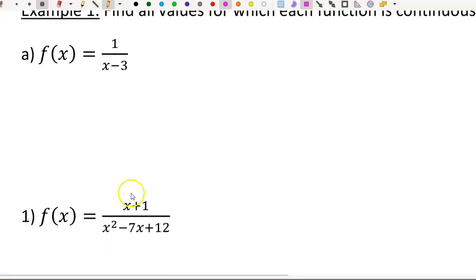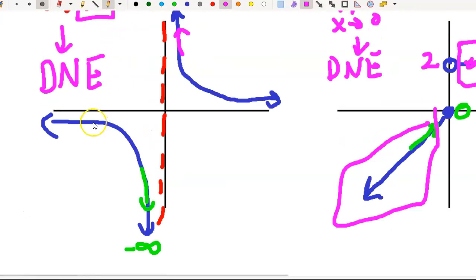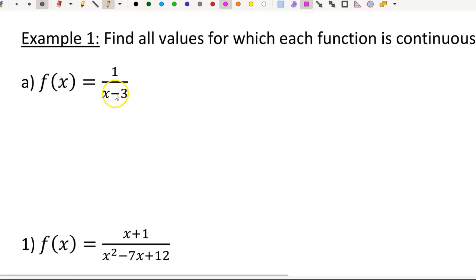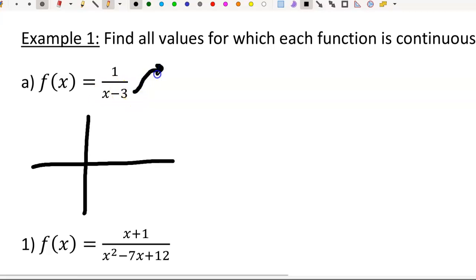Okay. So can you recall what this will look like? You know what 1 over x looks like. What happens if you make it minus 3? Where will the vertical asymptote be? At 3. And how do you know it's going to be at 3?